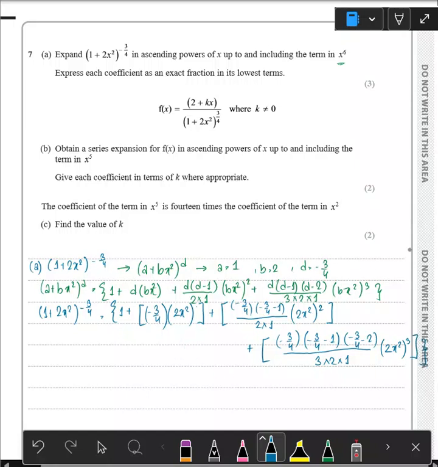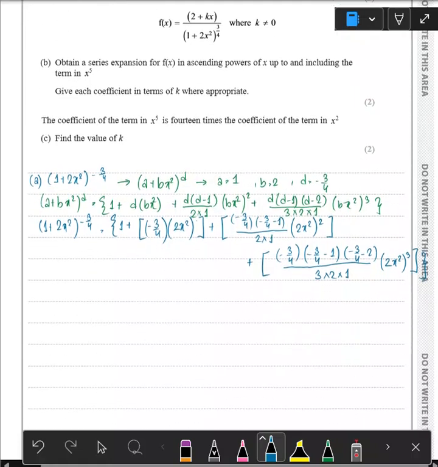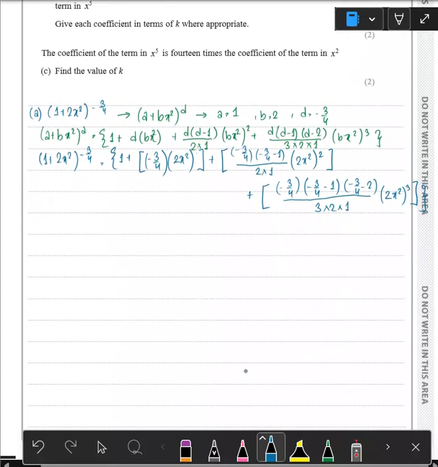Now in the next line, (1 + 2x²) to the power negative 3/4 is equivalent to 1, and then if you multiply negative 3/4 with 2x², you will be left with negative 3/2 x².